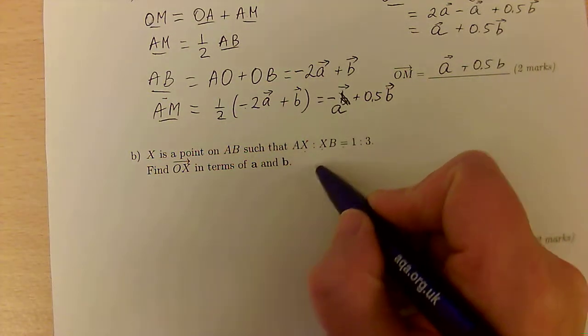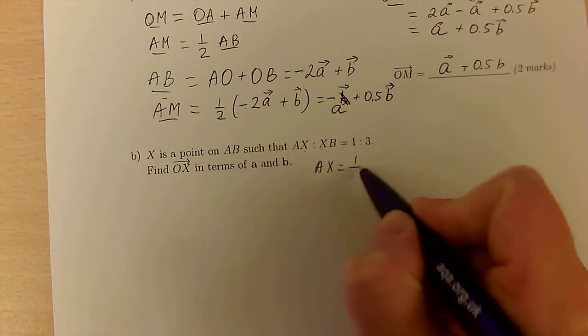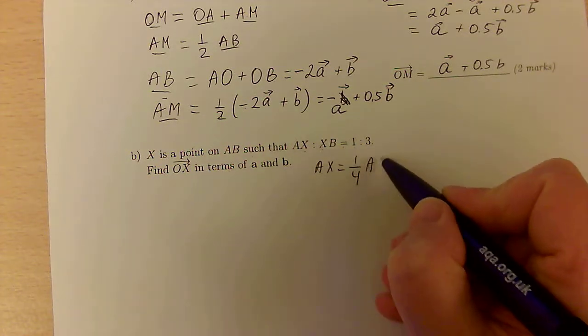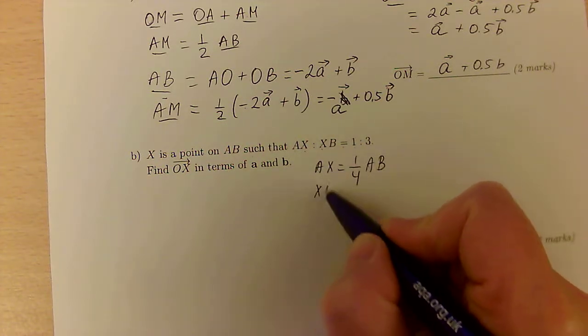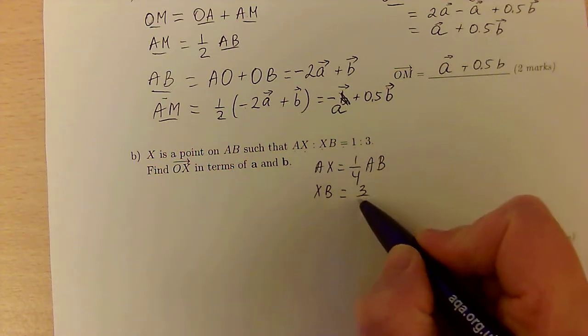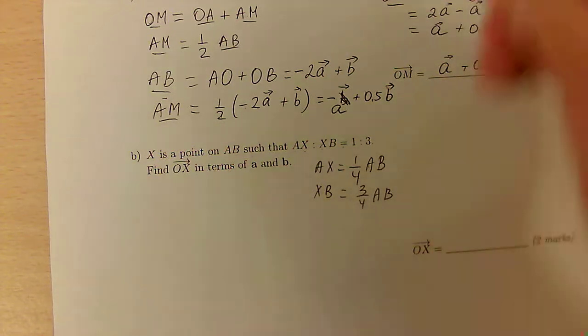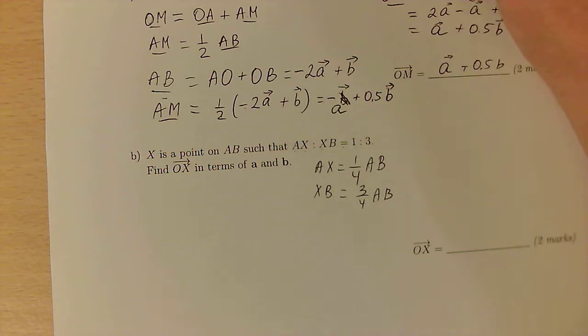Therefore AX is 1/4 of AB, and XB is 3/4 of AB. So from A to X, it's somewhere here. If M is halfway, AX will be half between A and M.